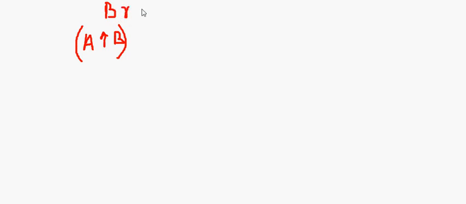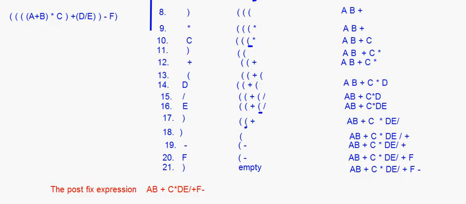After brackets you have your exponentiation, and then multiplication, division, and then addition and subtraction. So that way it goes. So once you understand this, then you can easily put the brackets here. Putting the brackets should not go wrong.